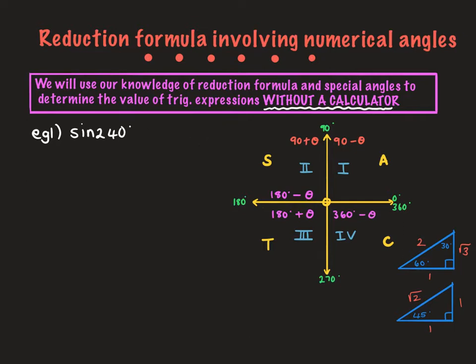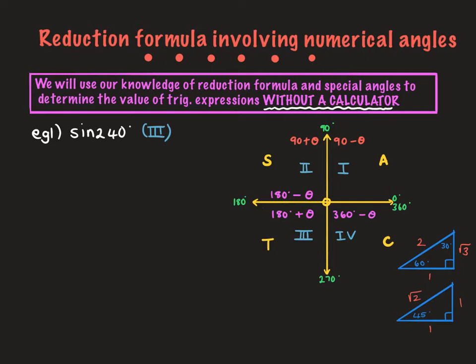It's pretty easy, guys. So this is the first thing I do. 240 degrees. Where is 240 degrees on the Cartesian plane? You should agree, it's in quadrant 3. It's between 180 and 270 degrees. So that's the first thing I do: I identify my quadrant.